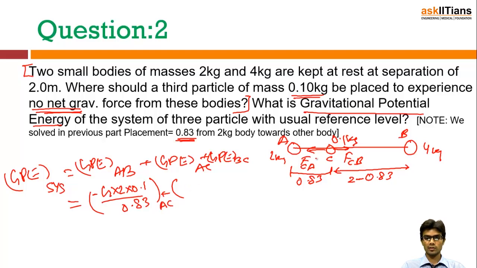For AB, it is minus G, m1 is 2, m2 is 4, by r which is 2.